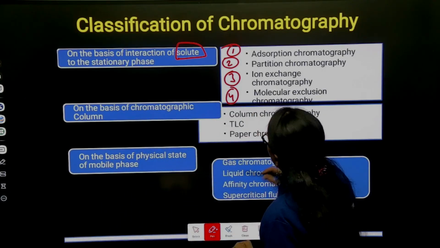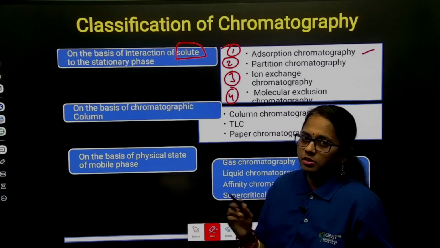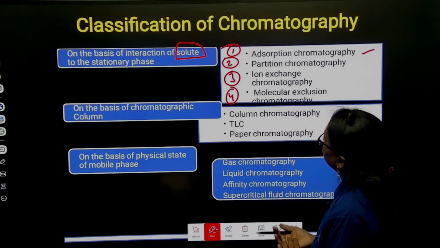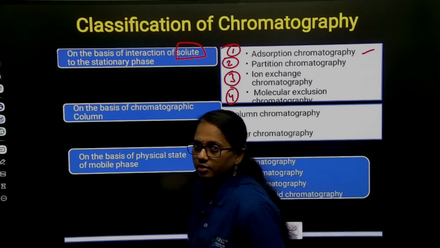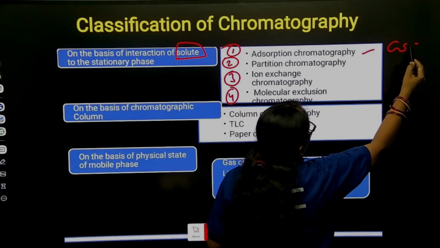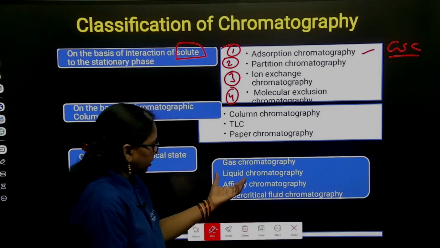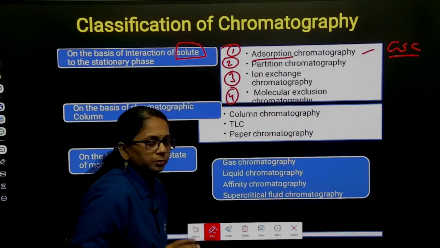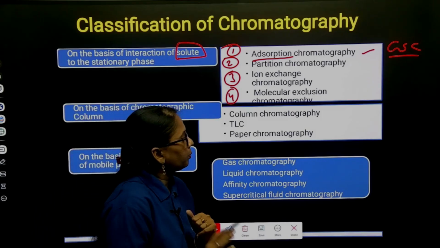Adsorption chromatography, we know, has a solid stationary phase and liquid mobile phase. In gas chromatography also GSC is there, but gas is under a different classification. So we can say adsorption is between solid stationary phase and liquid mobile phase.